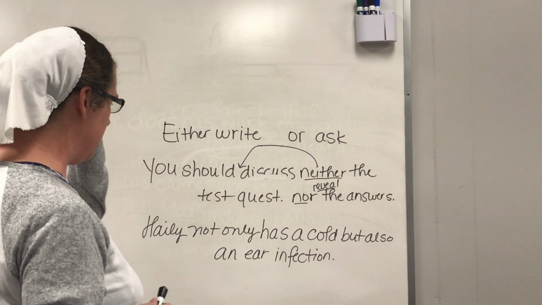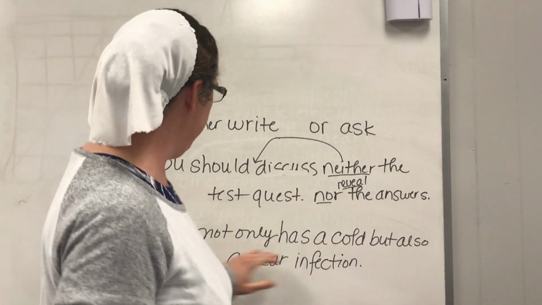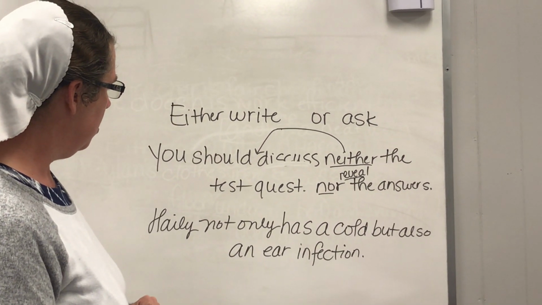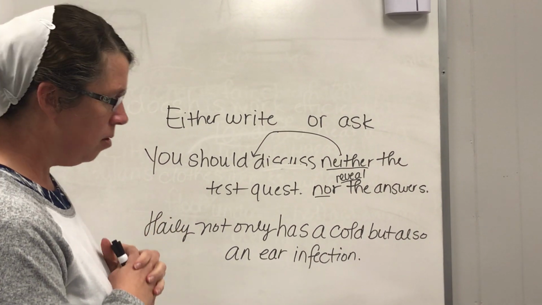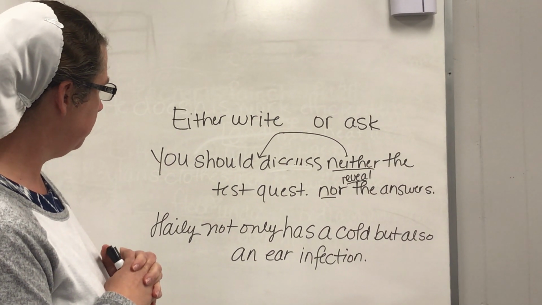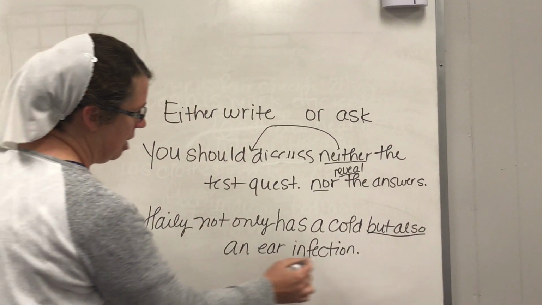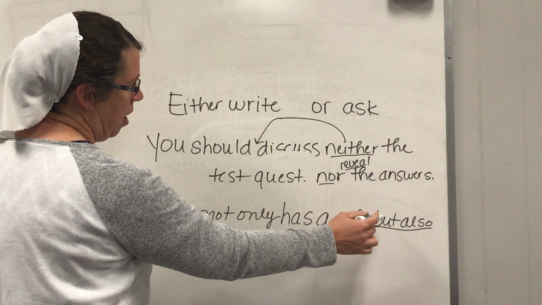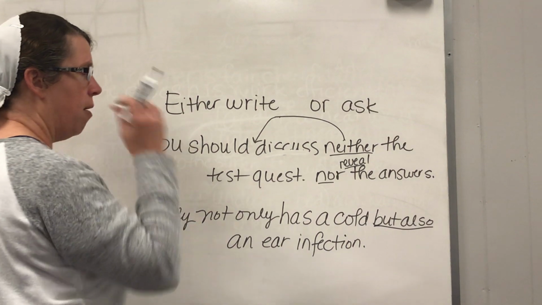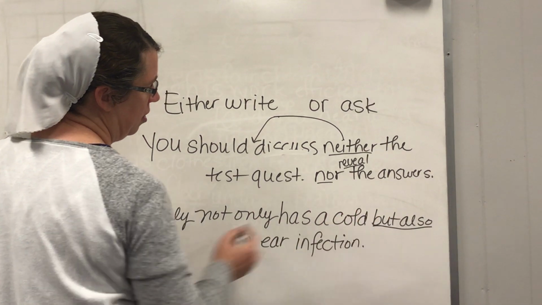All right, so again, we need to figure out where is our problem. We need to find our conjunctions. We have not only, but also, and we are connecting two nouns. Look here, we have but also and ear infection. We have an adjective with a noun connecting with the conjunction.